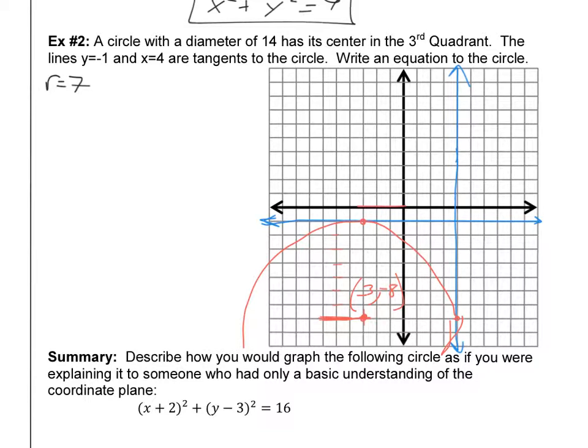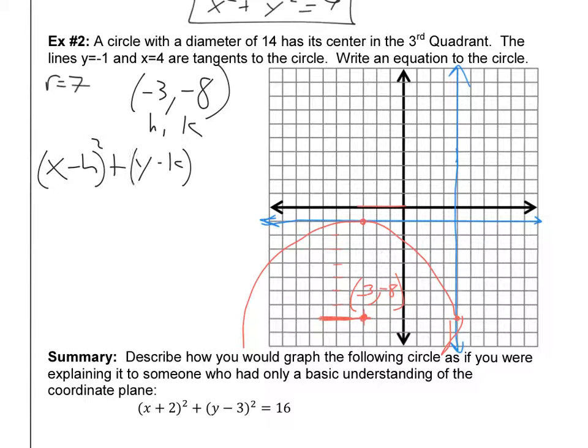So let's just write that real quick. There's my h, there's my k, right? So if I go to write out the formula, remember the formula is x minus h squared plus y minus k squared equals r squared. Well, my h is negative 3, so I get a double negative.